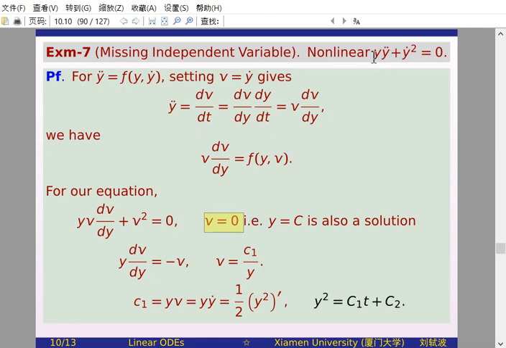Going back to the equation, you will see that for any constant c, y equal to c is indeed a solution. But this particular solution is also contained in our general solution. You take C1 equal to 0, then you obtain the constant solution. So our final implicitly given solution contains all the solutions of our original equation.